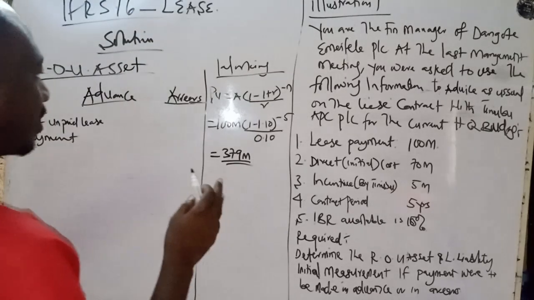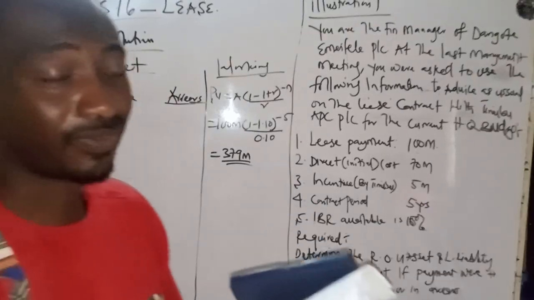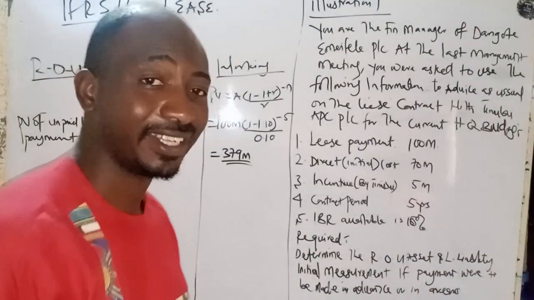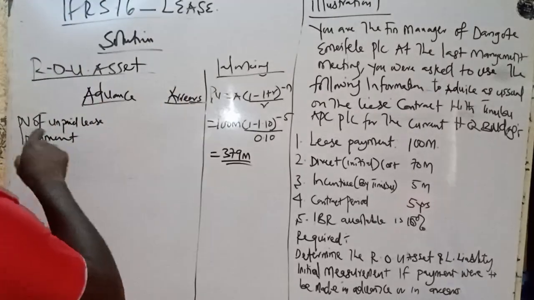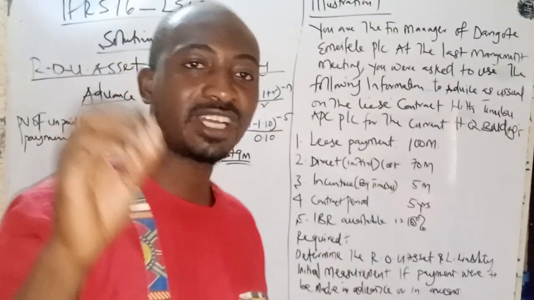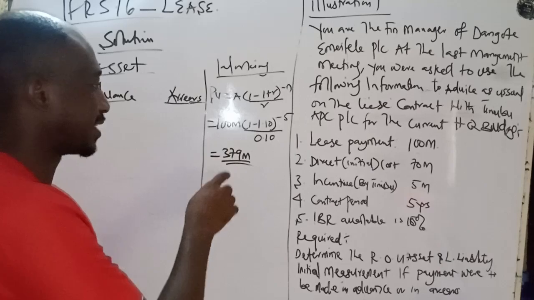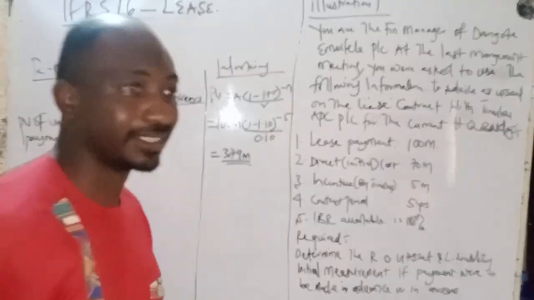Now this working that I have done is for payments in arrears. Remember what I told you? I said present value of unpaid lease payment. Because payment has been made in advance, what we are going to carry out now will not be for 5 years again.